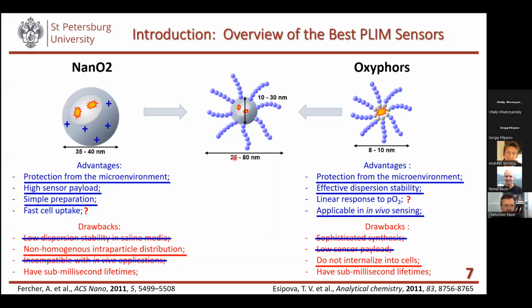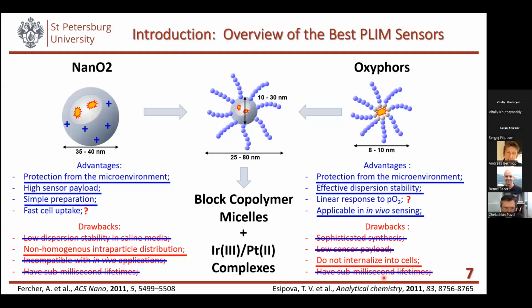Well, and we managed to make block copolymer micelles as a prototype of these core-shell nanoparticles. And also we tried to escape the trouble with too long lifetimes in the case of metal porphyrins. So we took cyclometalated iridium and platinum complexes instead, because we know that these complexes typically have microsecond lifetimes.